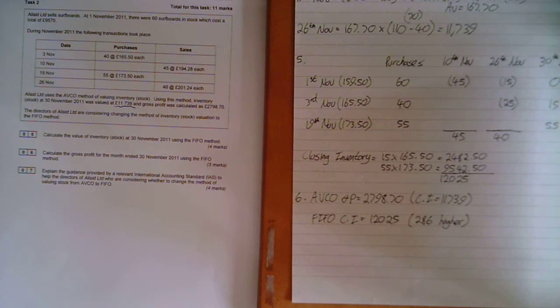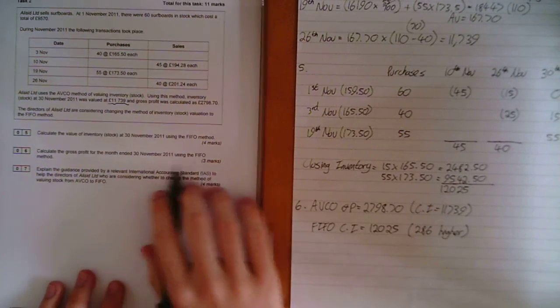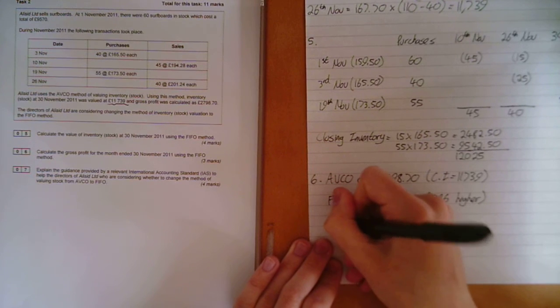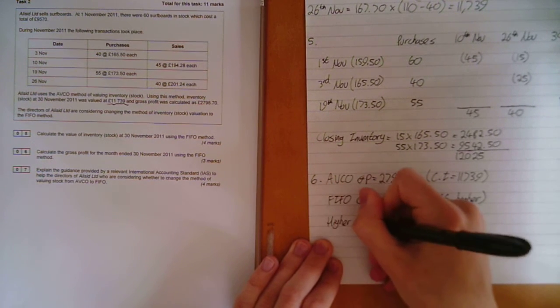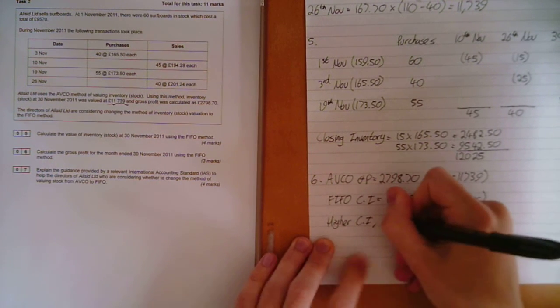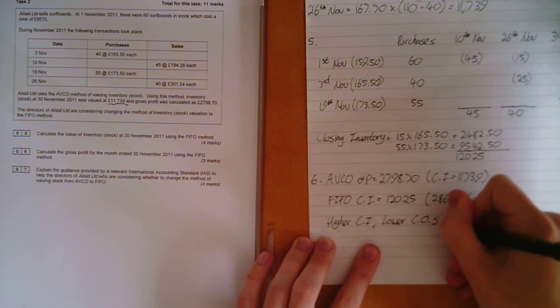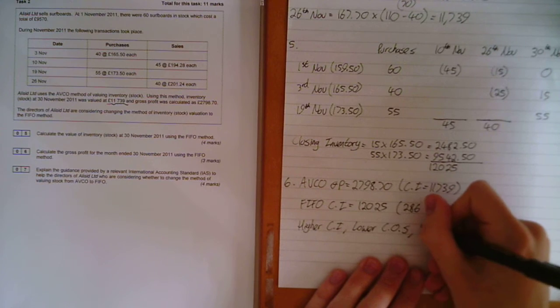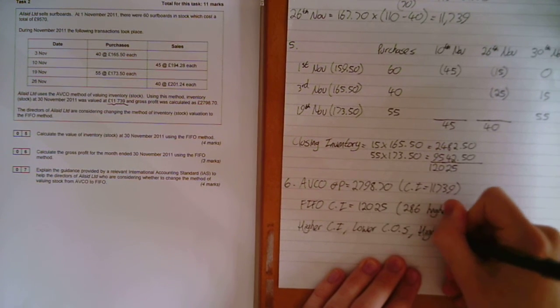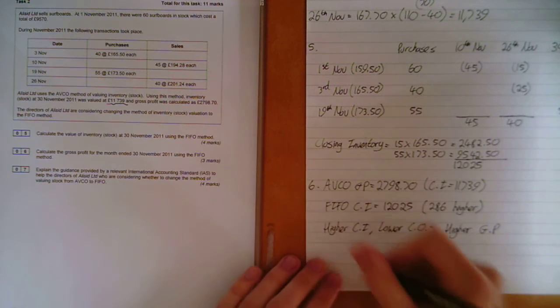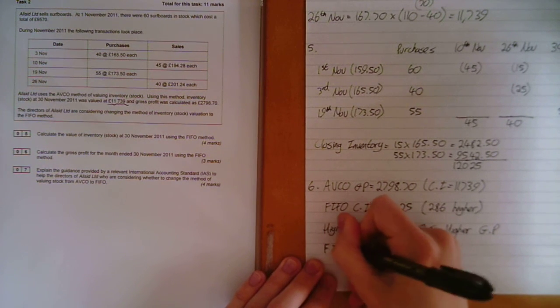So what do I do here? Well, I want to calculate the FIFO gross profit. So I've got a higher closing inventory using the FIFO method, meaning a lower closing cost of sales, meaning a higher gross profit. So what's my FIFO gross profit? Well, it's basically what we did in the last paper.